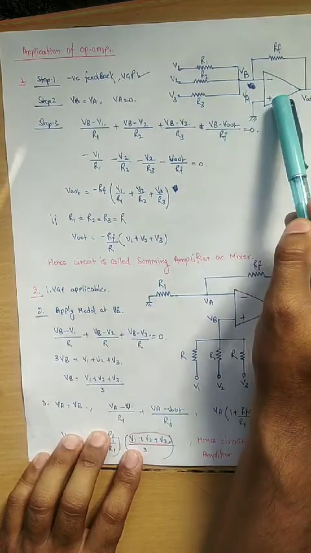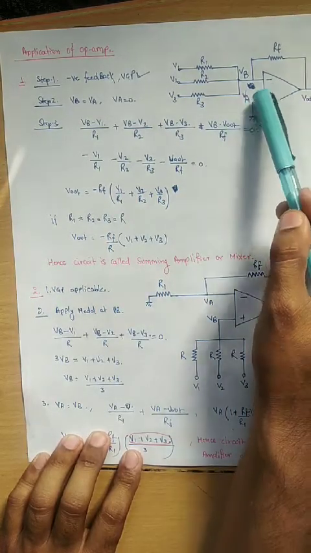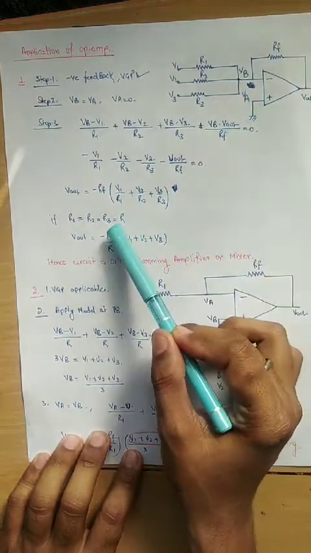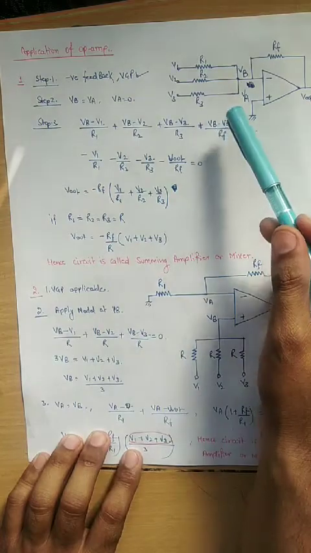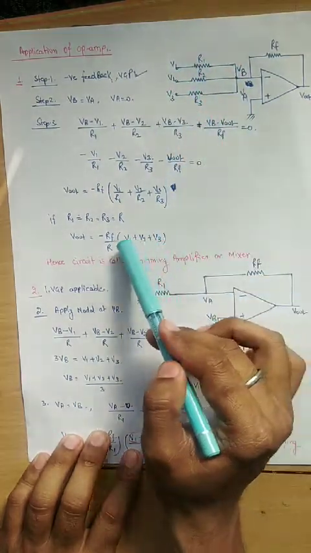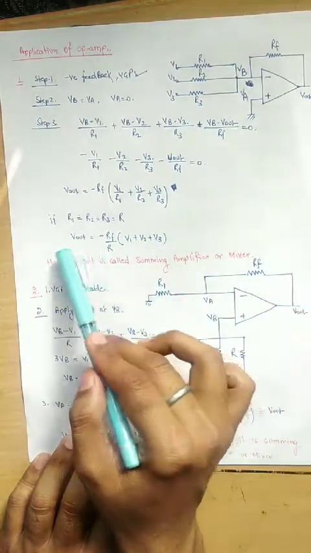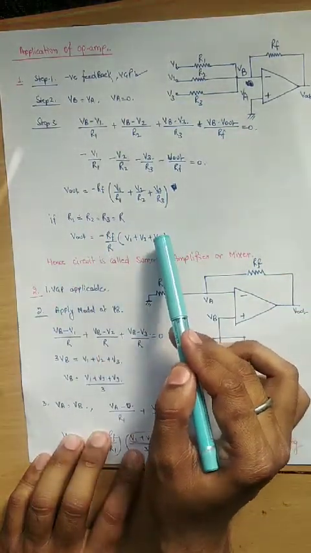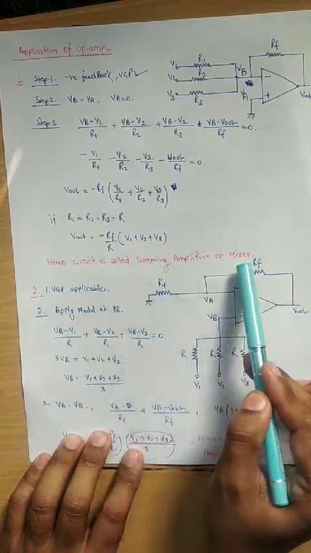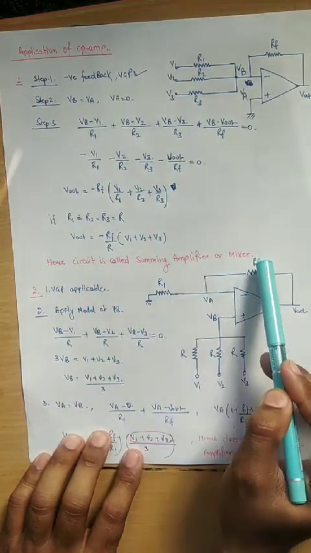So what was the gain for the inverting amplifier? Minus RF by R1. The relationship between output and input was minus RF by R. Now what is the input? Input was V1, V2 and V3. What we are getting here at the output is the summation of these voltages, V1 plus V2 plus V3. So this circuit is called a summing amplifier or mixer.